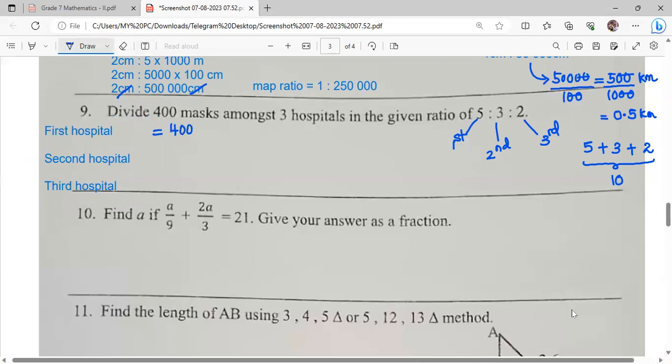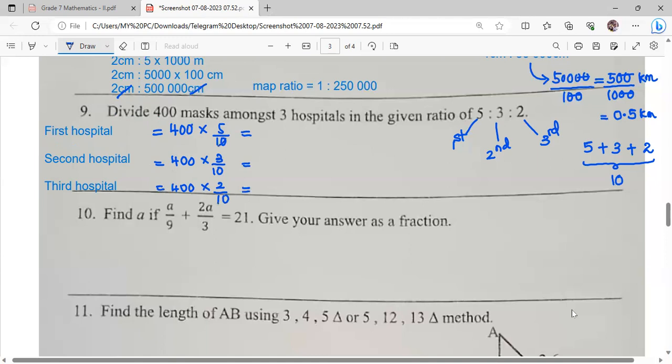Now I have 400, so I multiply this by 5/10. And here I have 400 masks, so it is 3/10. Then here I have the 400 masks, then I get 2/10. Then you simplify this. You just see how I do this neatly.